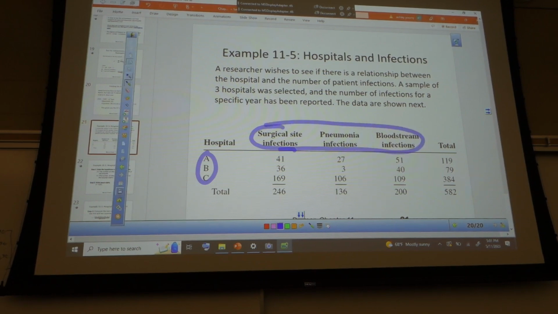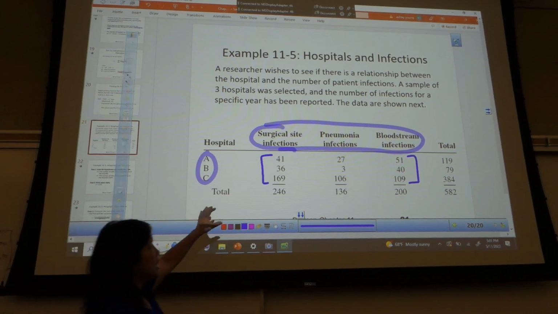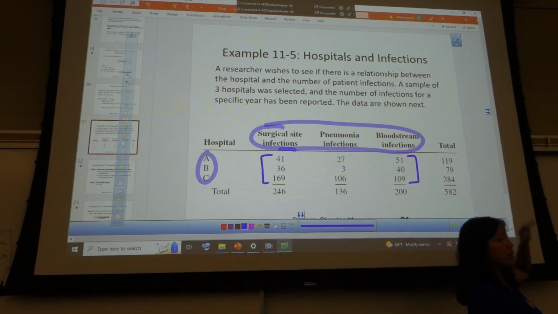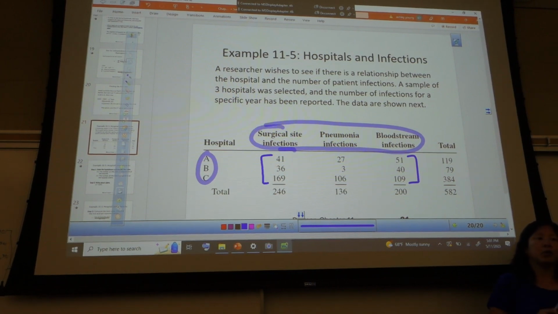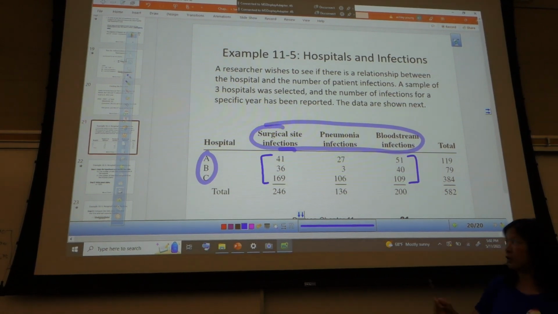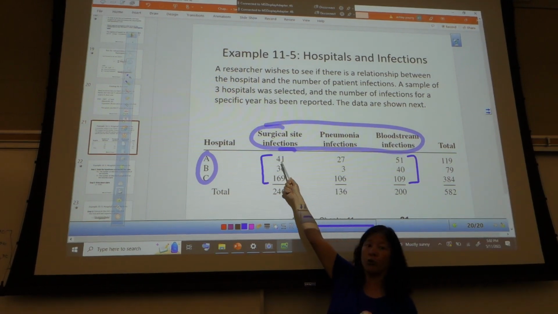I highly, highly, highly recommend that you all do this whenever you get a problem like this, so you can clearly denote to yourself what your data is. Keep it separate from your totals, because this is what you're going to input into your matrix. It tells you what size your matrix should be, what your values should be. It also is going to help you a lot when you compute your first and last expected values, because I'm going to ask you to compute the first one in your matrix, which is the upper right corner.